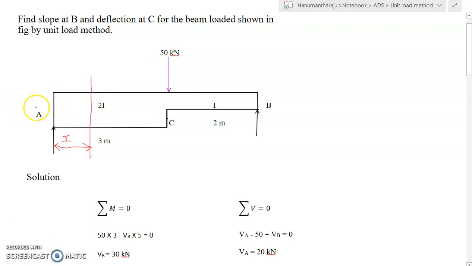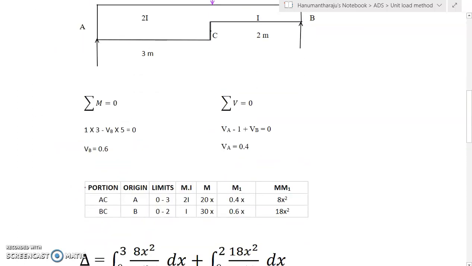I will take the left of the portion since there is only one force. To the left of the portion, here VA into x. It produces a clockwise moment, therefore positive. VA value is 20, so the moment is 20x.